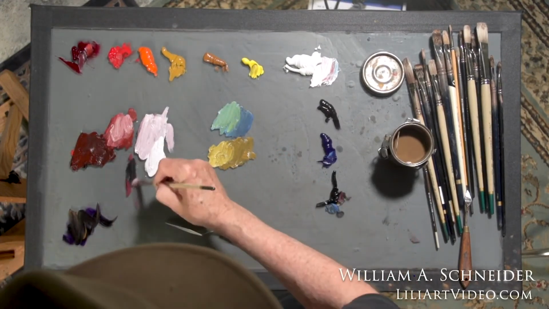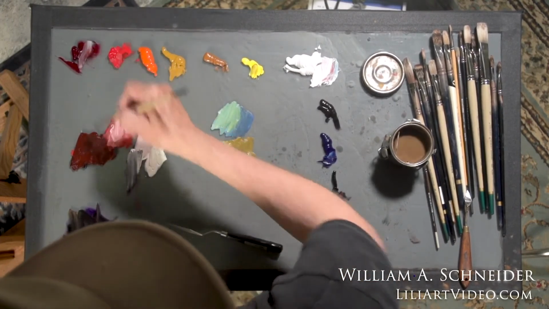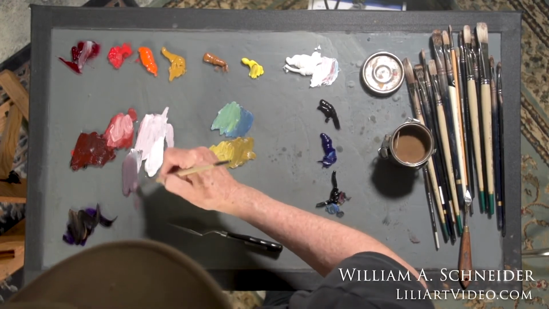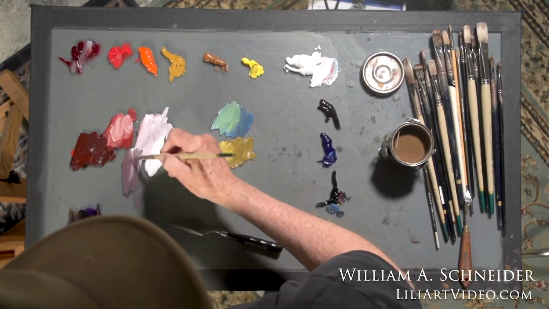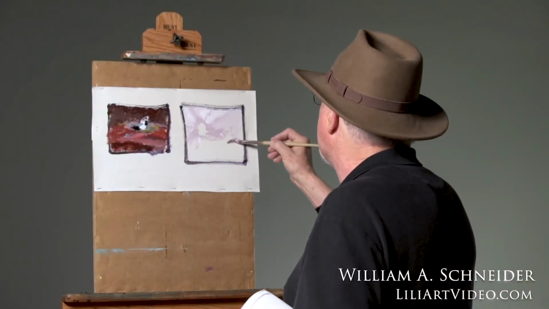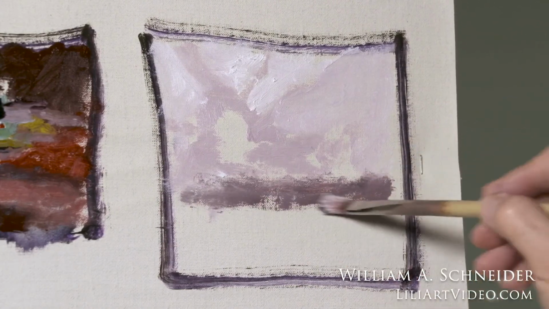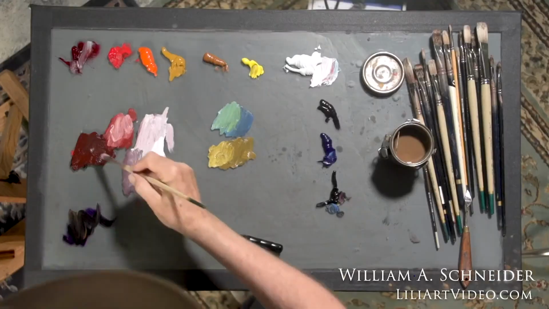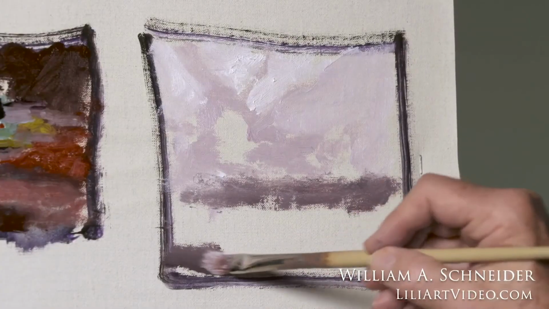And it's less saturated. So it's a very almost gray color, but there's still some of the violet peeking through. Maybe that's too dark. That would probably be good for the foreground.